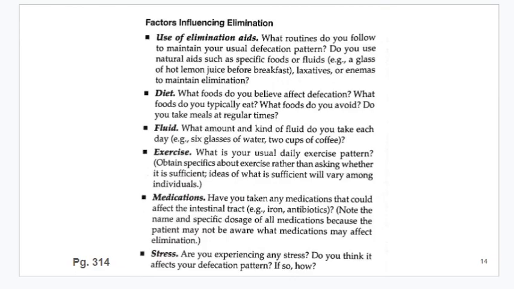Those individuals that we have on some massive IV antibiotics like vancomycin, we're going ahead and giving them oral probiotics to hopefully counteract those antibiotics completely wiping out our good bacteria in our gut, so that hopefully we don't encounter C. diff, things like that.